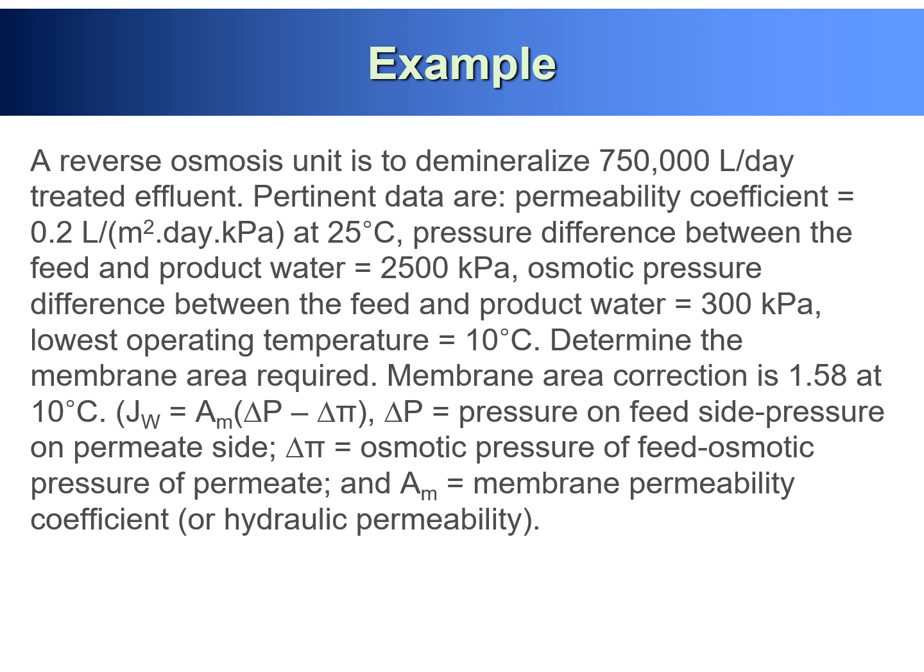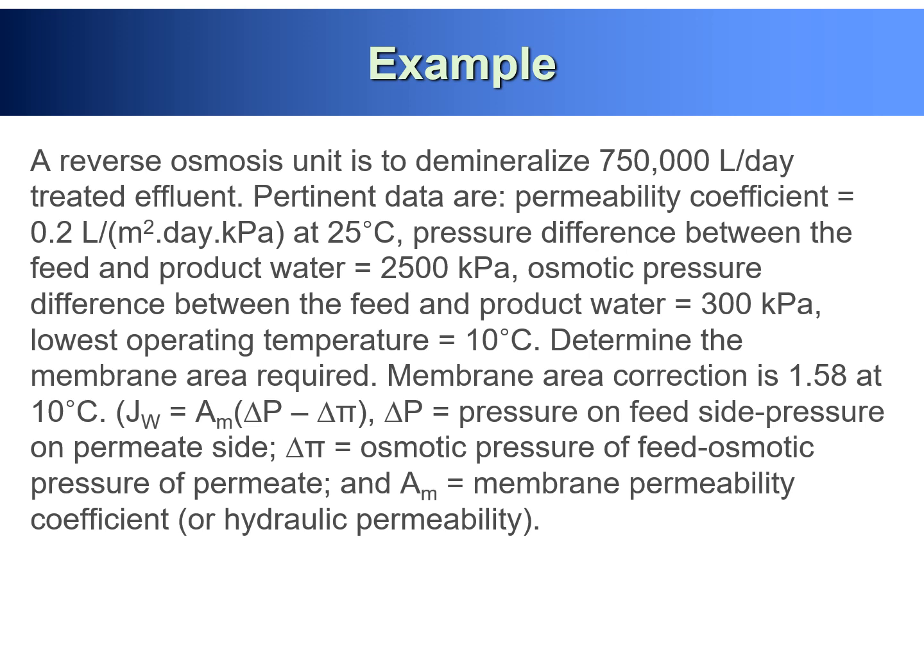Here delta P is the feed side pressure, and delta pi is the osmotic pressure of feed minus the osmotic pressure of permeate, and A is the membrane permeability coefficient, or we just say hydraulic permeability.